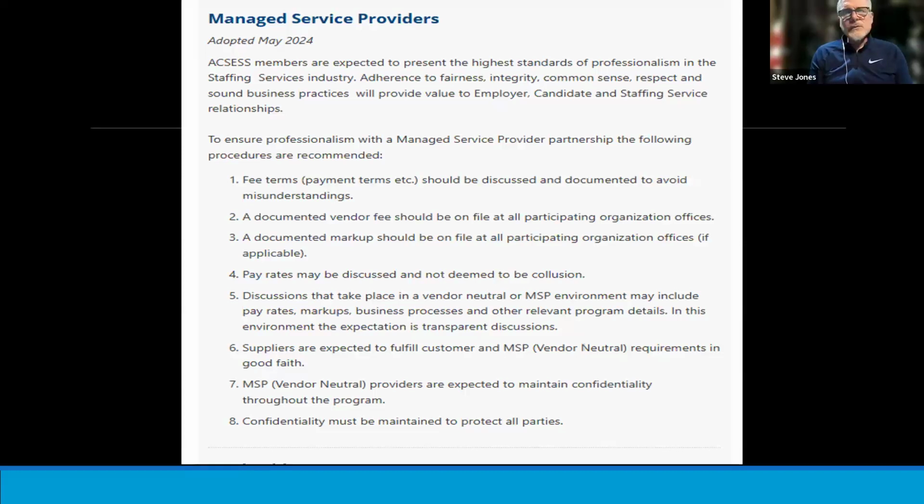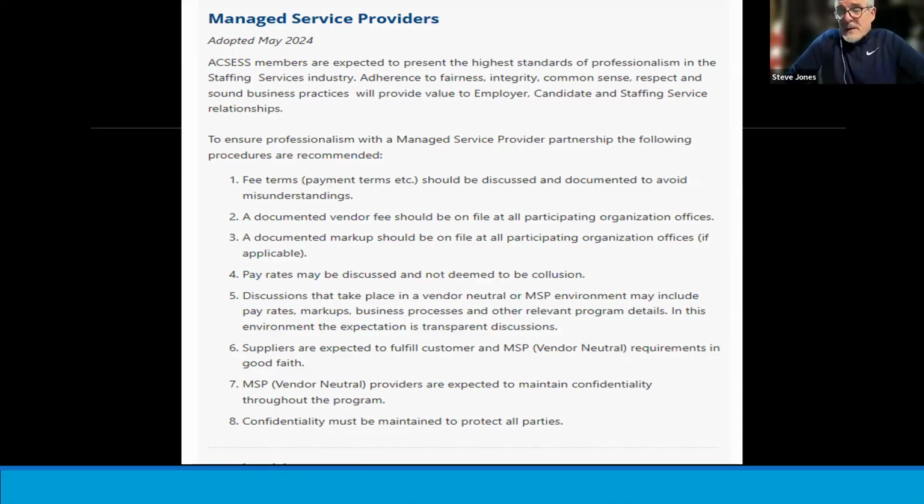So a managed service provider is when there is an agency, a staffing service company, we call them the MSP, they're the primary service provider, and the customer wants that agency to be responsible for other staffing services.